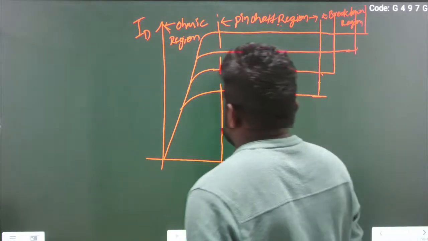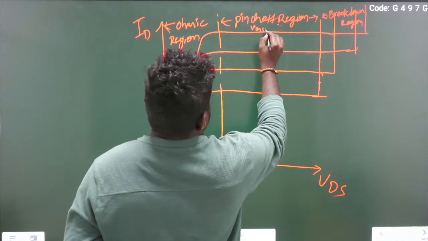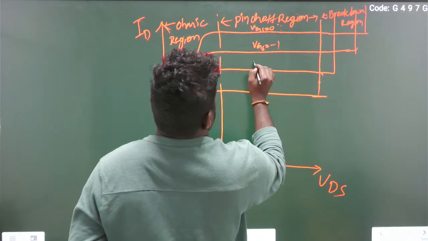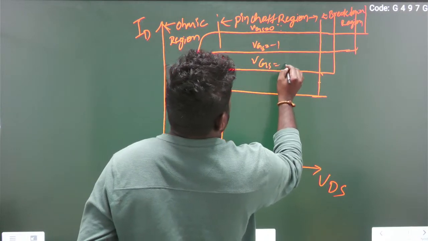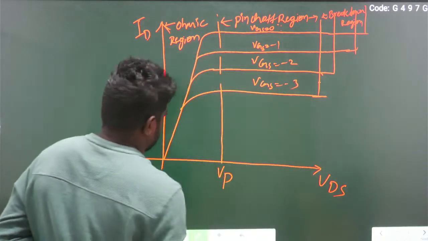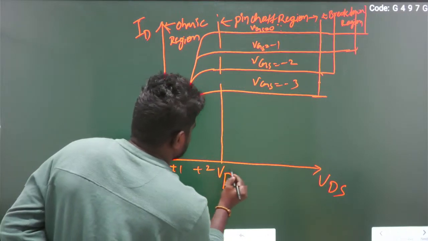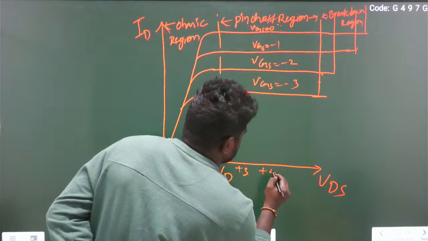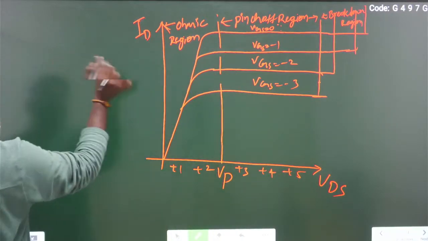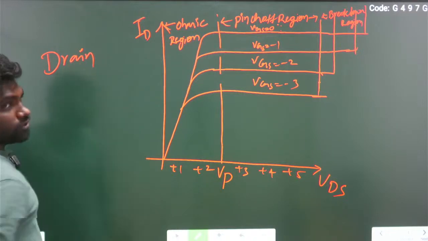Okay? Now see. So these characteristics are called drain characteristics or output characteristics.